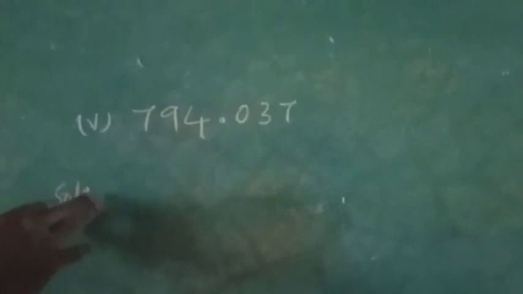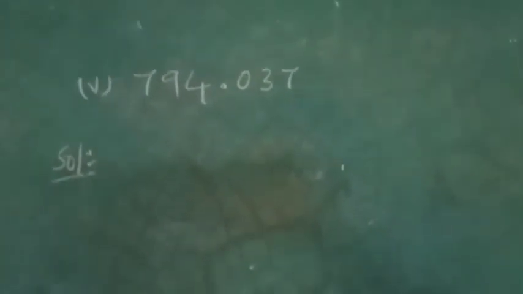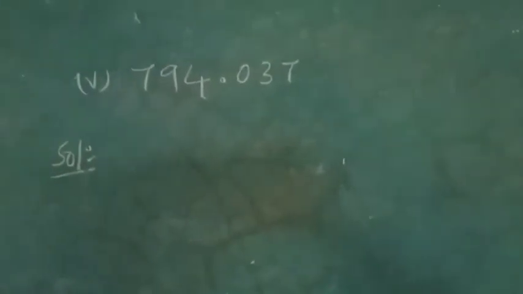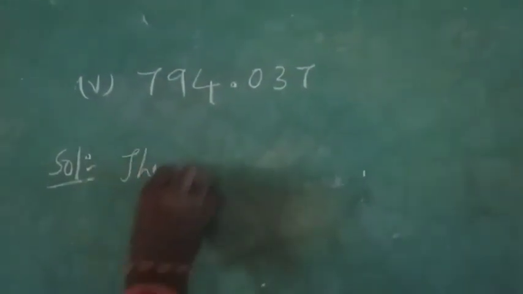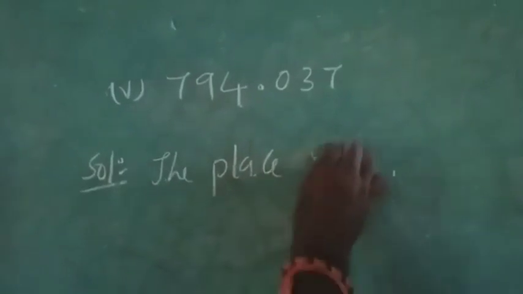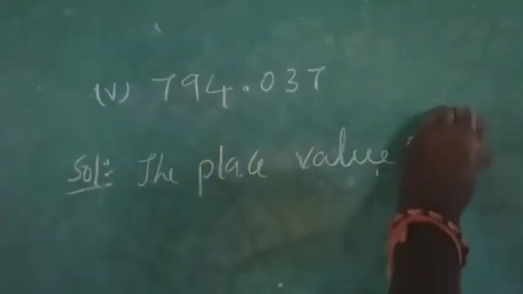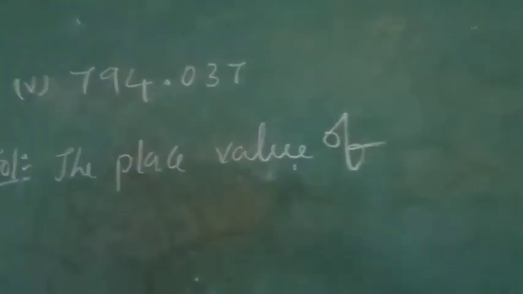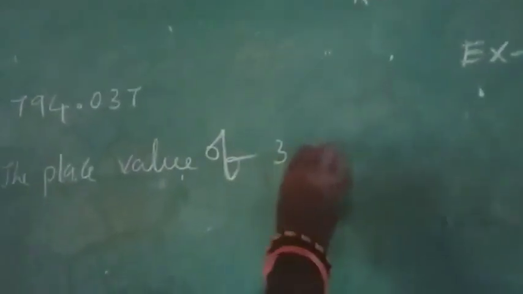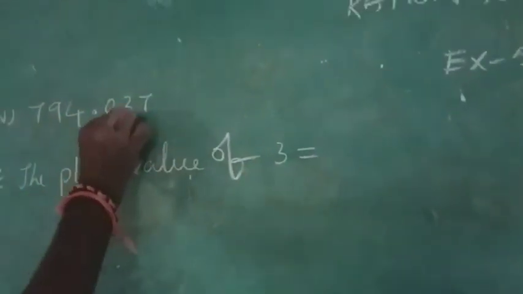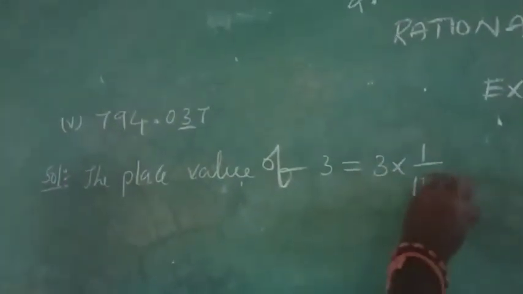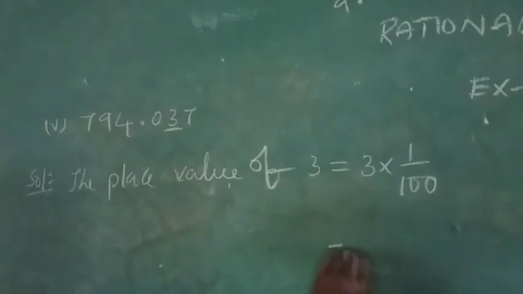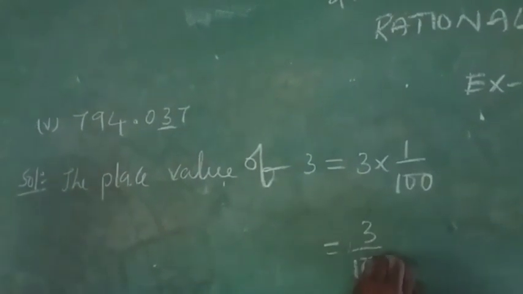So in this we need to find out place value. So what you will write here is the place value of 3 is equals to, see, observe it, it is there in the 100th place. So 3 into 1 by 100 is equals to 3 by 100.